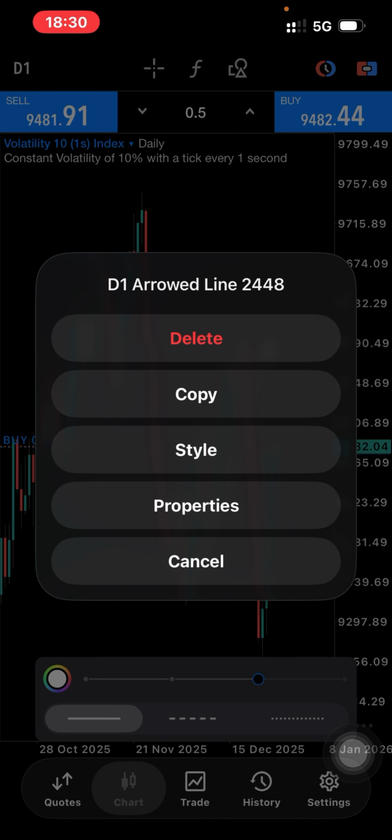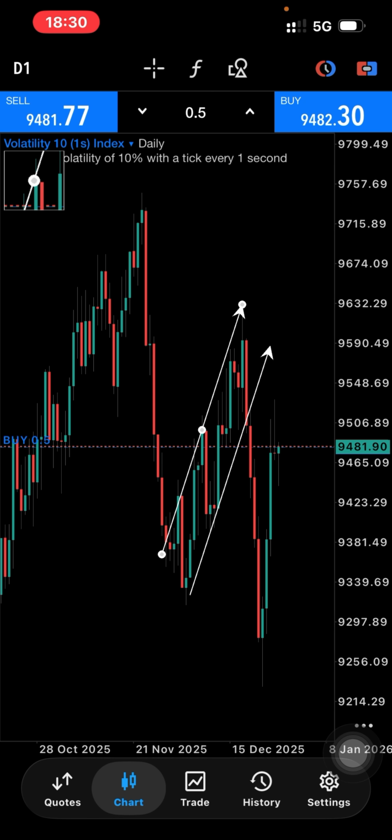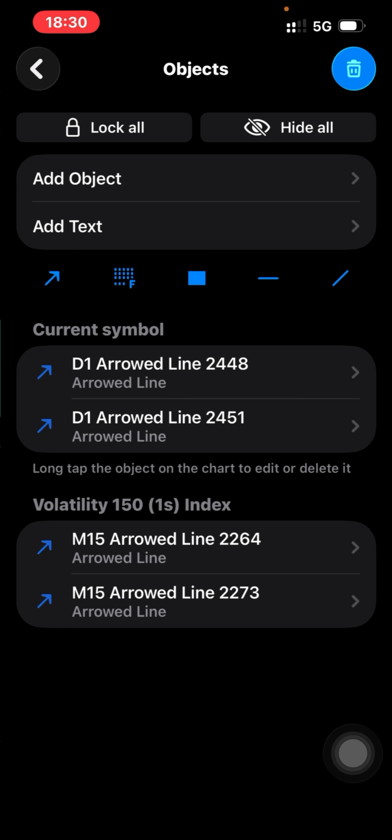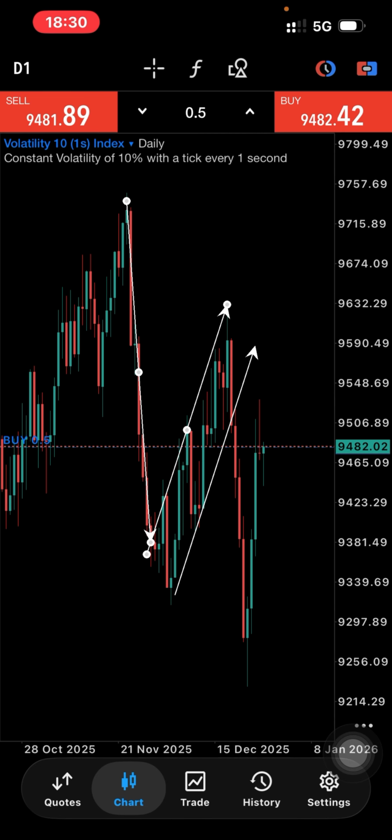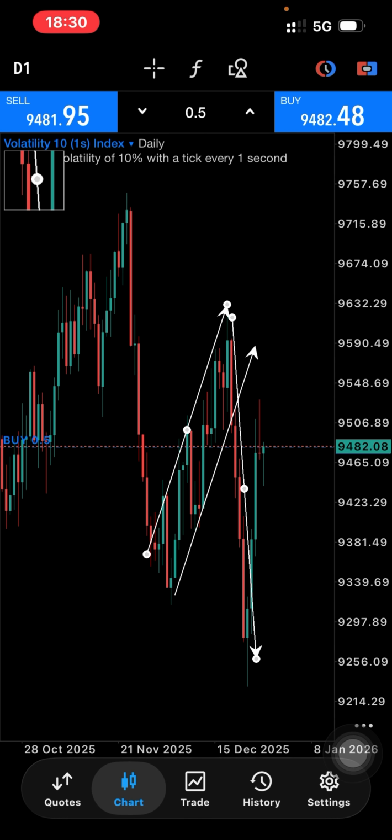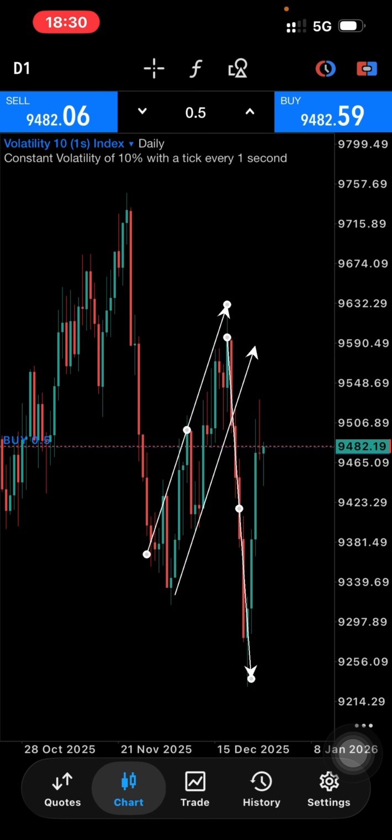So this was like a bearish flag, so it went all the way down and consolidated a bit and then finished off the pattern.